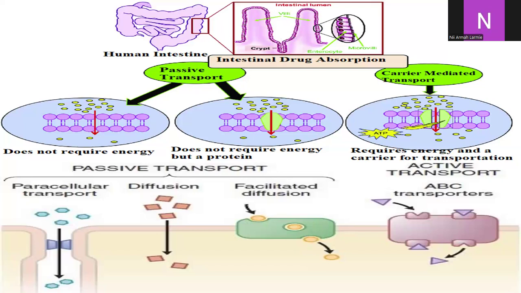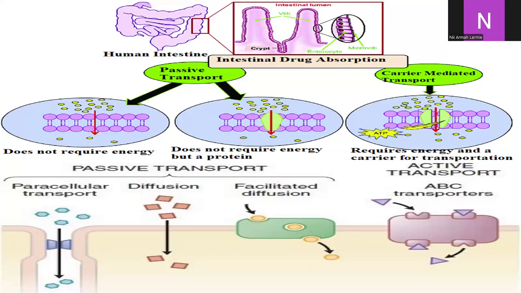But if we cannot move the agent by the passive transportation method, then we have to find a way to use energy to move the agent. All right. So those are the processes by which drugs cross the biological barrier.